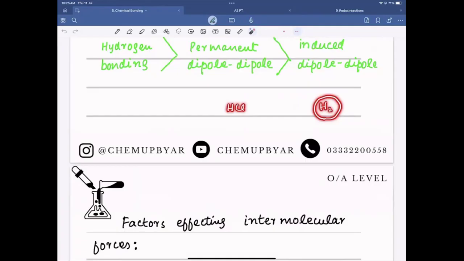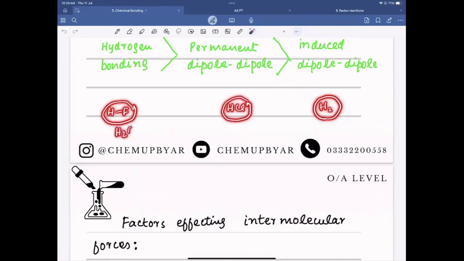Induced dipole. Very good. Between HCl molecules, which intermolecular force will be there? Permanent dipole. And if it is HF, hydrogen is bonded to fluorine, so which intermolecular force will be there? Hydrogen bonding, very good.